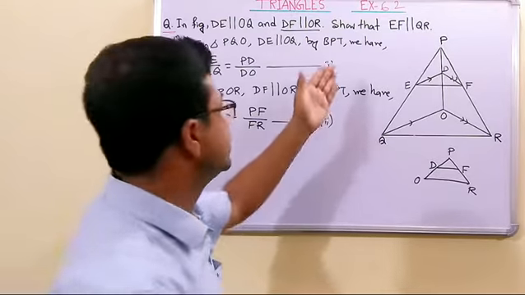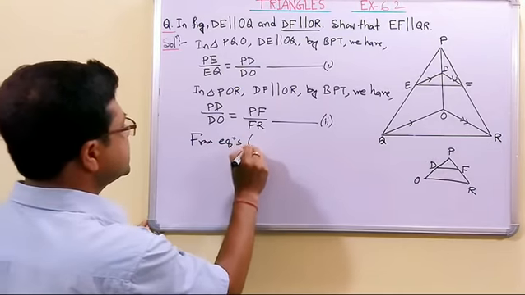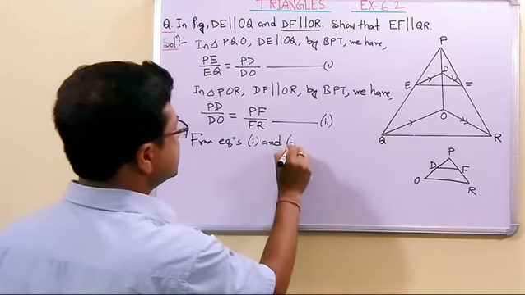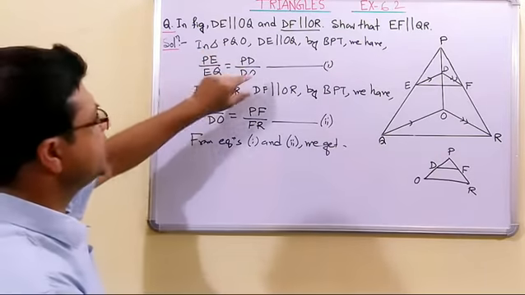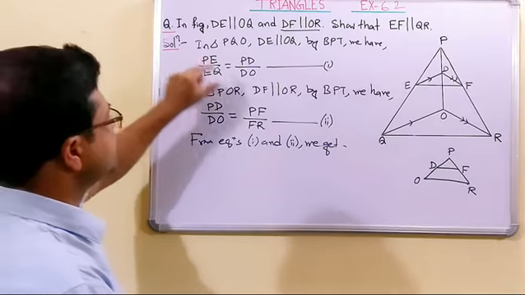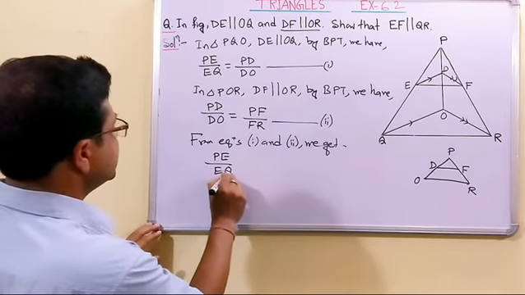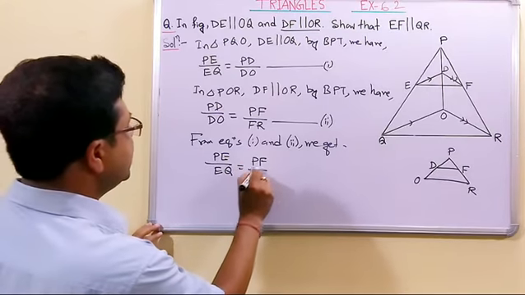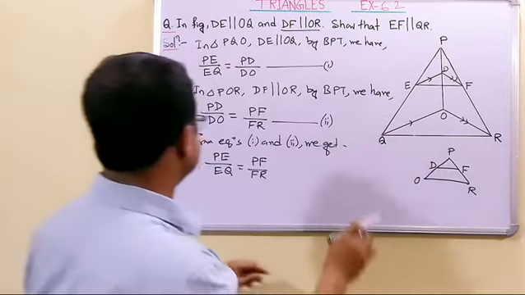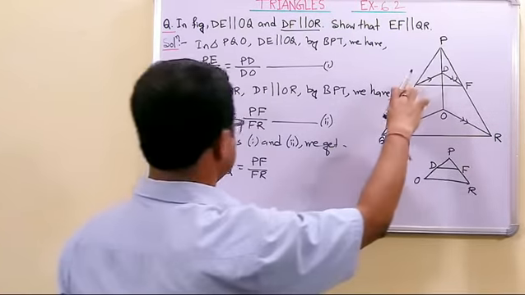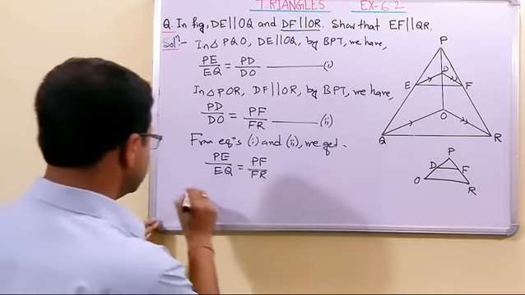Now let us compare equation 1 and 2. From equations 1 and 2, we get PD by DO, PD by DO, they are equal. So we can get this equal to this. PE by EQ is equal to PF by FR. Now this is in which triangle?